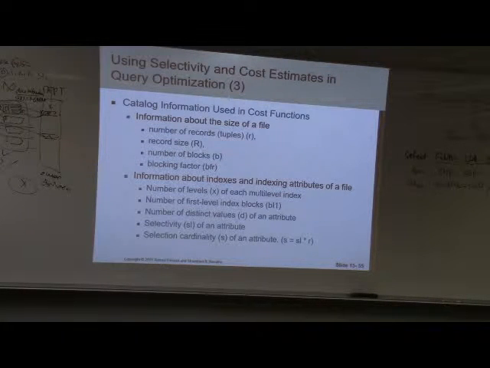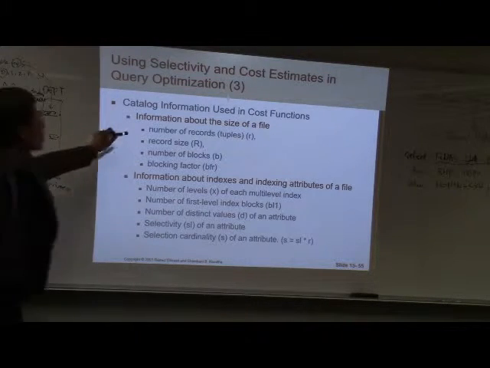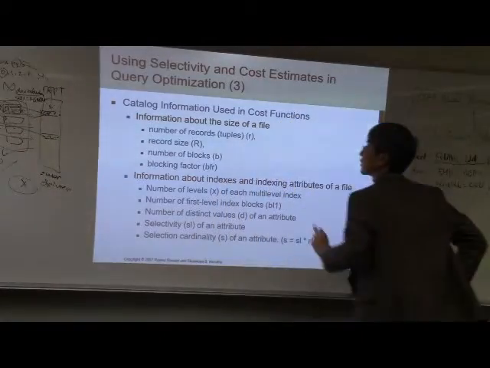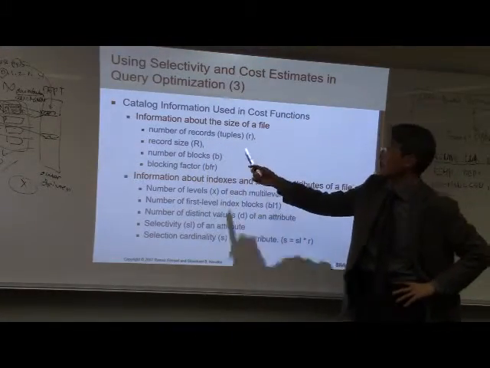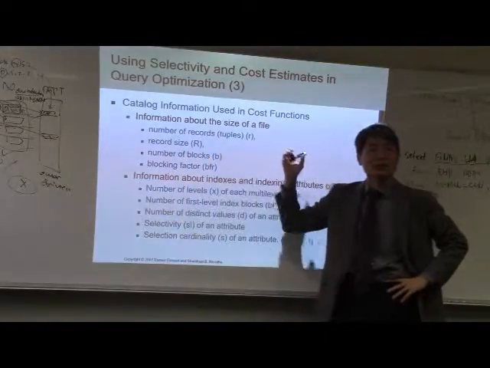To do that, these are the notations that we are going to use. They are the same notations that we have seen in the indexing structure. Small r means the number of tuples, and capital R means the average record size.